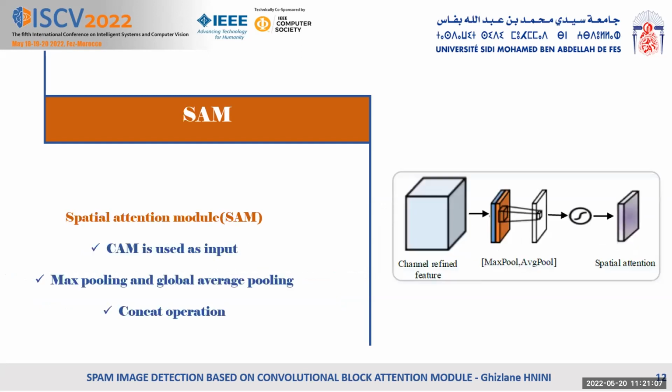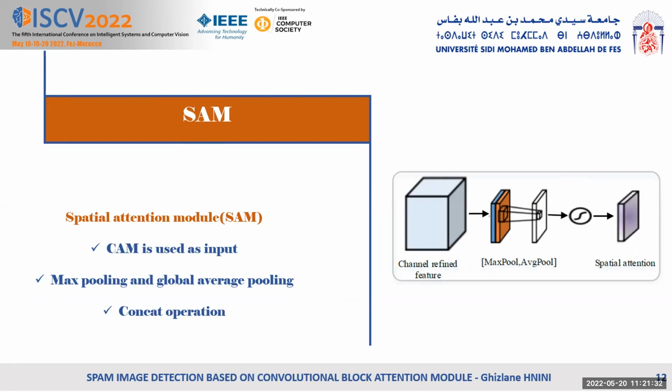For the spatial attention, the channel attention output is used as the input feature map of this model. First, global max pooling and global average pooling are performed along the channel to obtain two feature maps, and then a concatenation operation is done on these two feature maps based on channels.